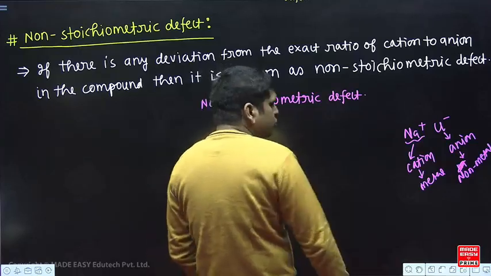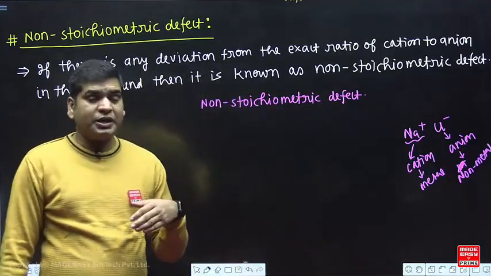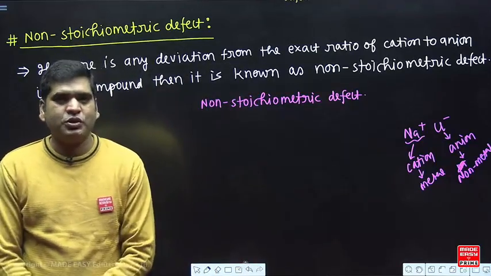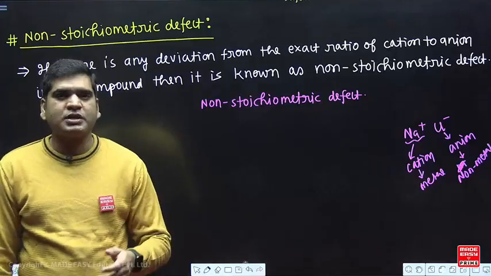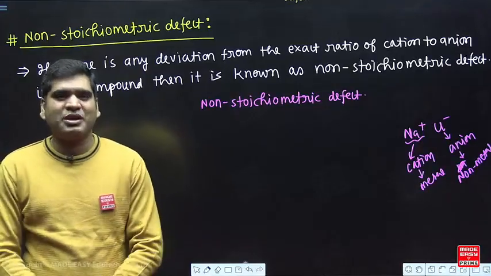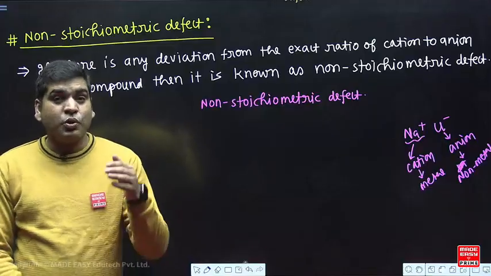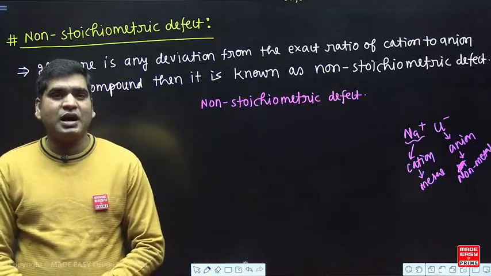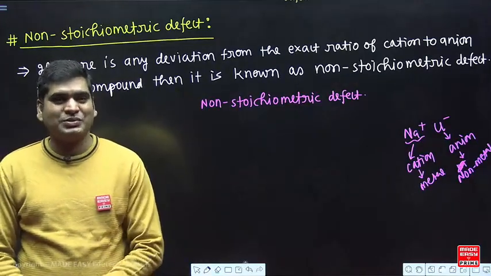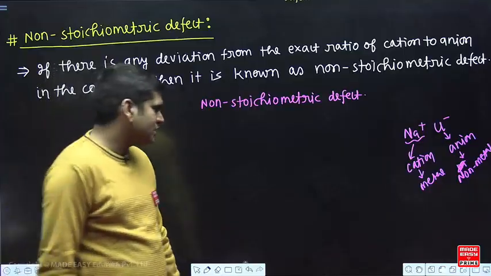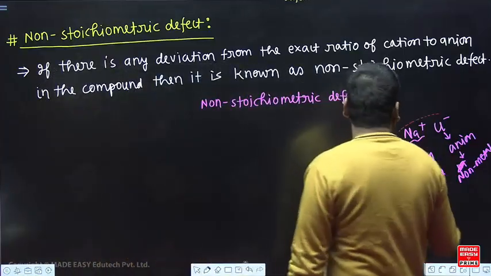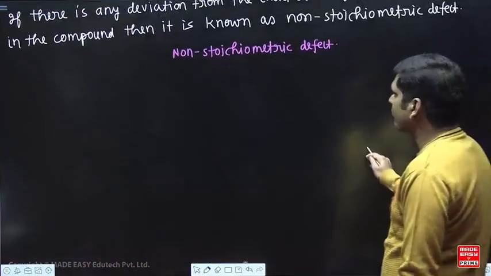So you can have two types of defect. One, metal excess defect, where the number of cations is increasing relative to the number of anions, and another, metal deficiency defect, where the number of anions is increasing in comparison to the number of cations, right? So let us try to note it.